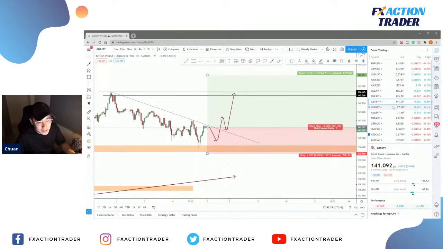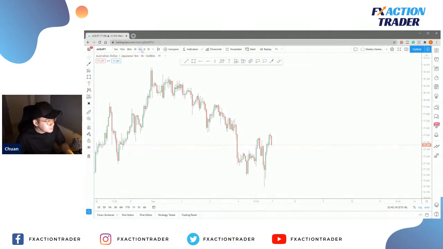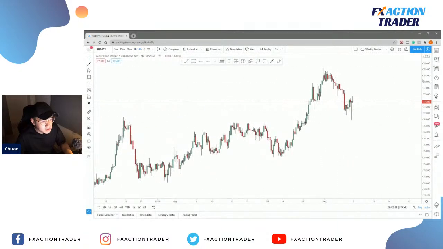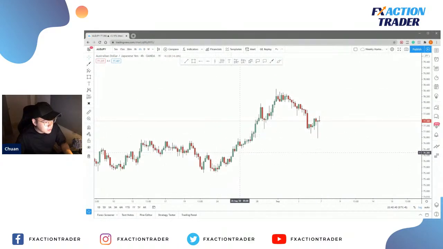All right, so the last pair for today, the Aussie yen. For the Aussie yen, the market was in an uptrend, and we see that the market was not able to break up further, and there is a push down. So the market has created this level here, and the market starts to push up.